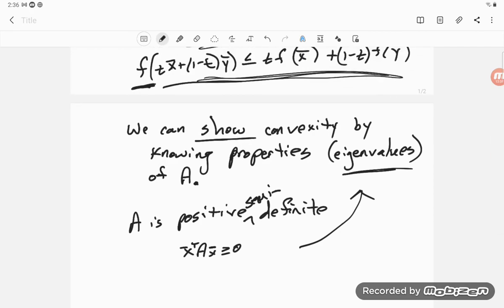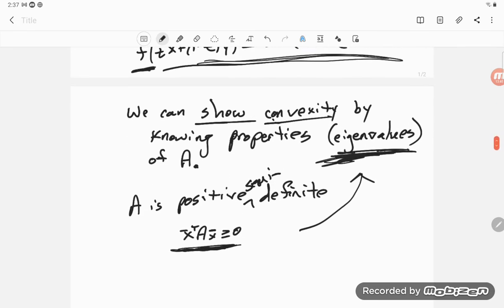If I know something's convex, then I can say something about its eigenvalues. And if I can say something about its eigenvalues, maybe I can say something about this product. And vice versa, if I can say something about this product, maybe I can say something about the eigenvalues. And if I can say something about the eigenvalues, then I can say something about convexity. So that's this idea in 8.